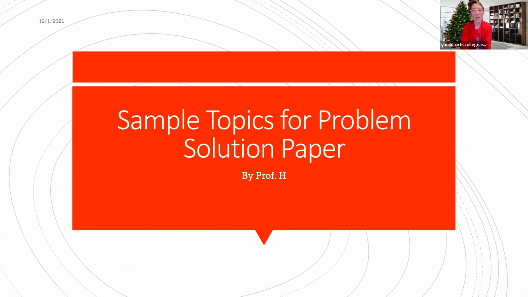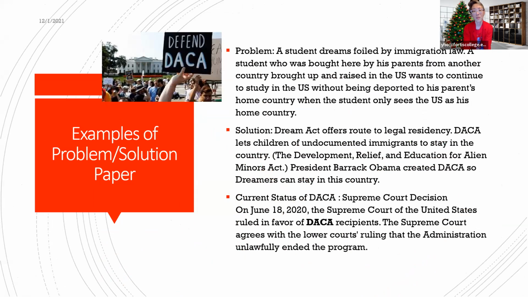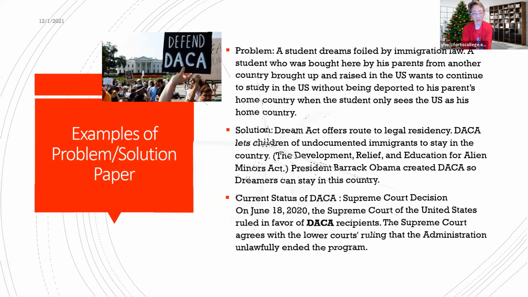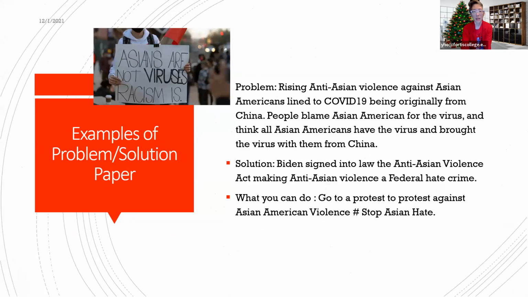Here are some sample topics for problem solution papers. Okay, so before, the other topics were about getting fit. Here you have DACA and rising anti-Asian violence against Asian Americans linked to COVID-19. People blame Asian Americans for the virus and think all Asian Americans have the virus and brought the virus with them from China. So that's the problem.